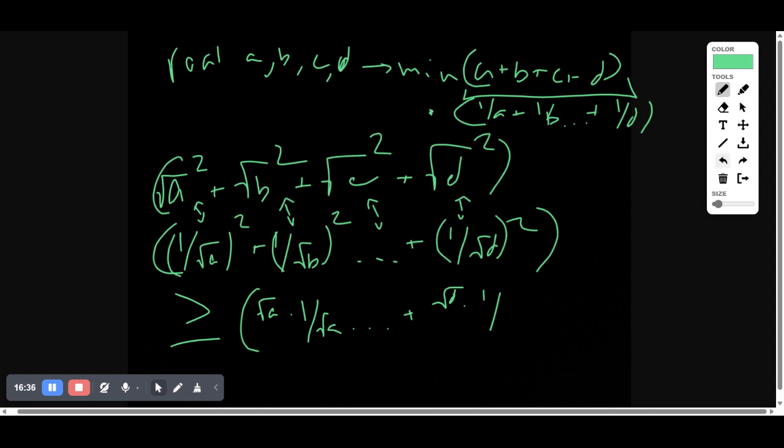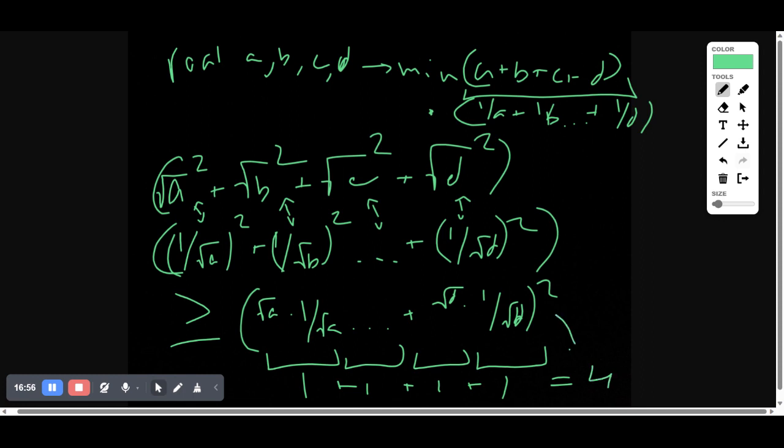I should rewrite my D. So now, we know that this becomes 1, right? Square root of A times 1 over the square root of A is equal to 1. Same with this term, although I didn't write it, this term and this term. These all sum to 4, and then we square it, making 16.